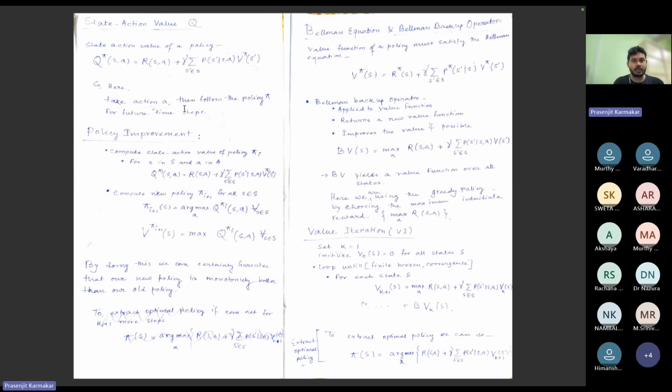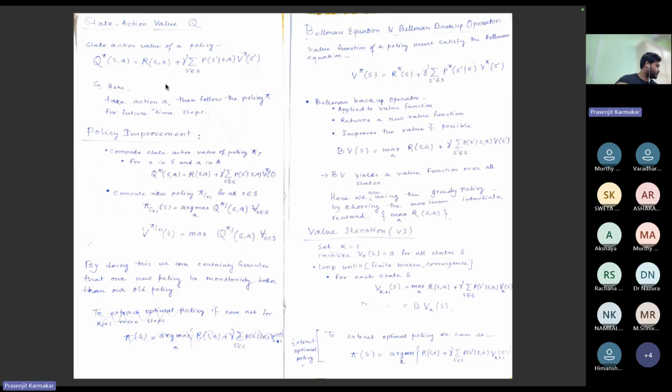To do that, we have to know a thing called the Q function, or state action value function. It's a really important algorithm, used in a lot of places, and Q learning and everything depends on it.